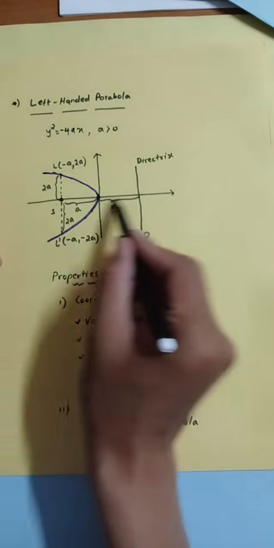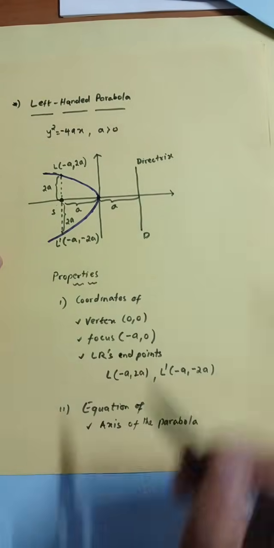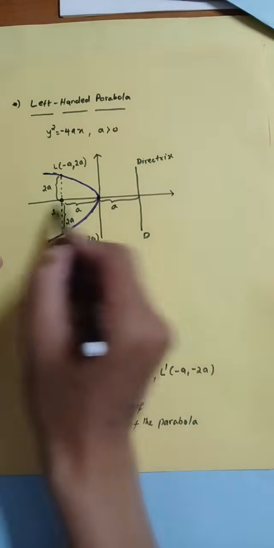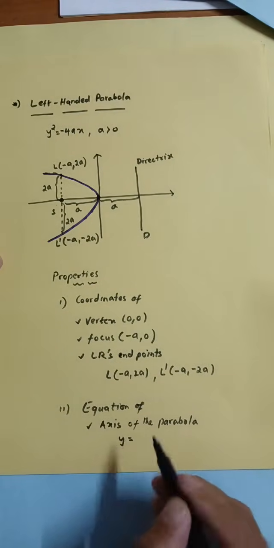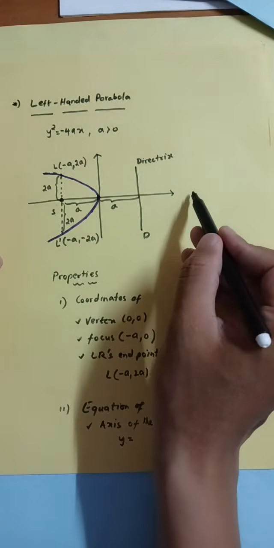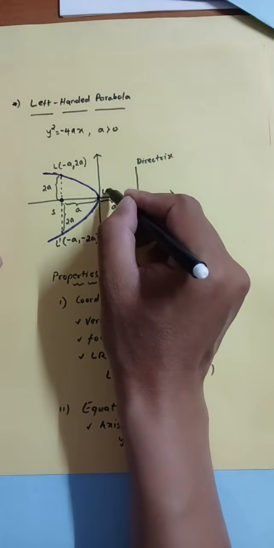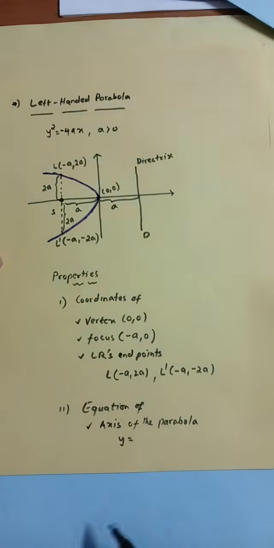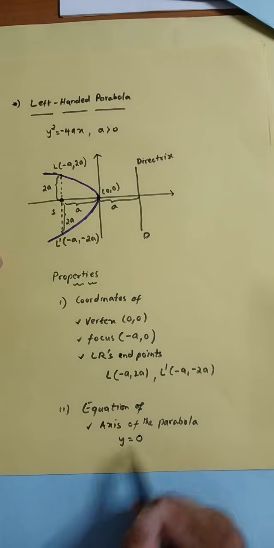So this is the axis, the horizontal line. Since this is a horizontal line, the equation of the horizontal line will always be y equal to the y coordinate through which this line passes. The origin is (0, 0), so the y coordinate is 0. Therefore, the equation is y equal to 0.